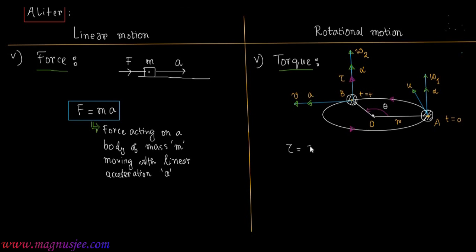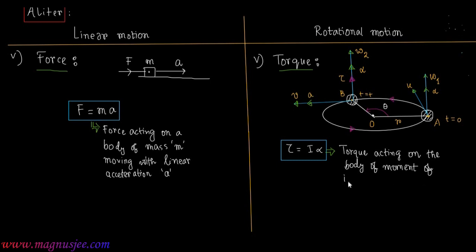On the right hand side, torque tau is the product of the moment of inertia I and the angular acceleration alpha. Tau is equal to I alpha, which is the torque acting on the body of moment of inertia I, revolving anticlockwise in the horizontal circular orbit.